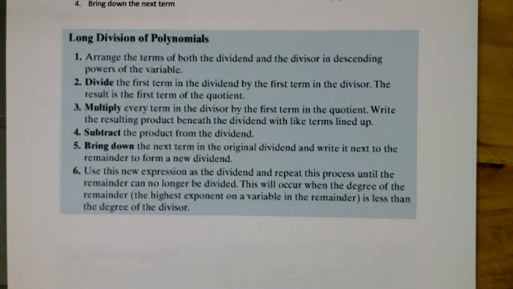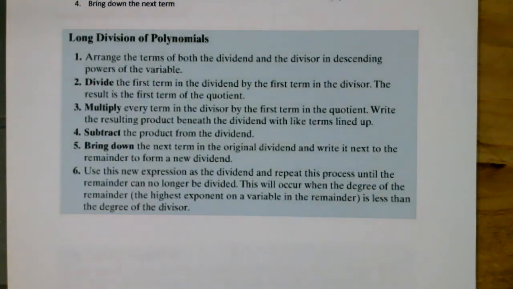And that result will be the first term of the quotient. And then you're going to multiply every term in the divisor by the first term in the quotient, and write the resulting product beneath the dividend with like terms lined up. And then you're going to subtract that product from the dividend.